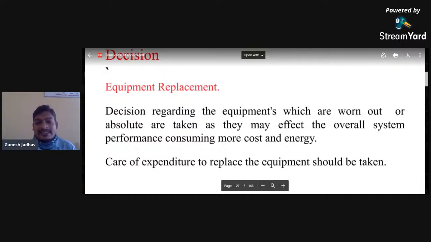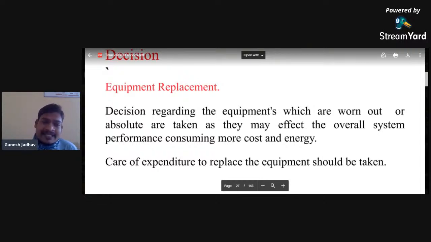Whatever new equipment we have requires less cost and less energy.